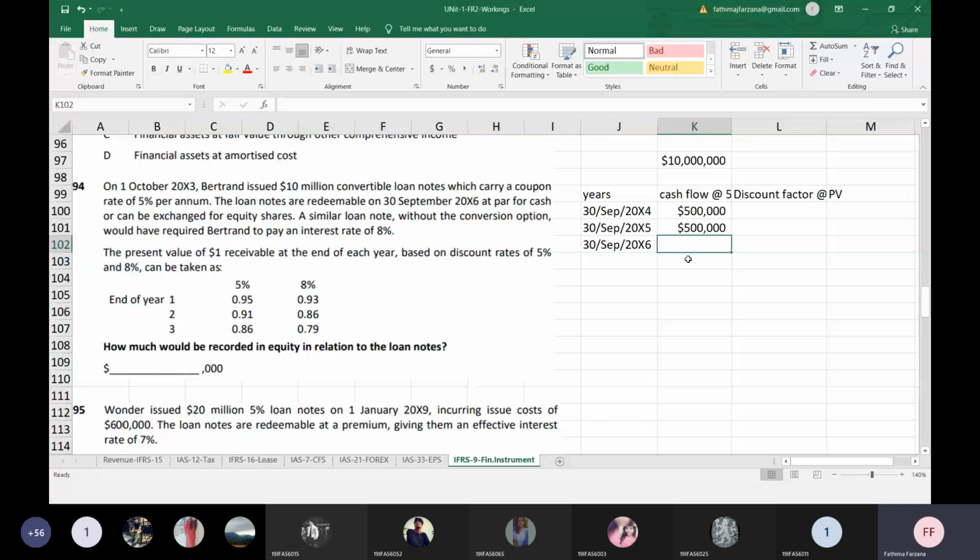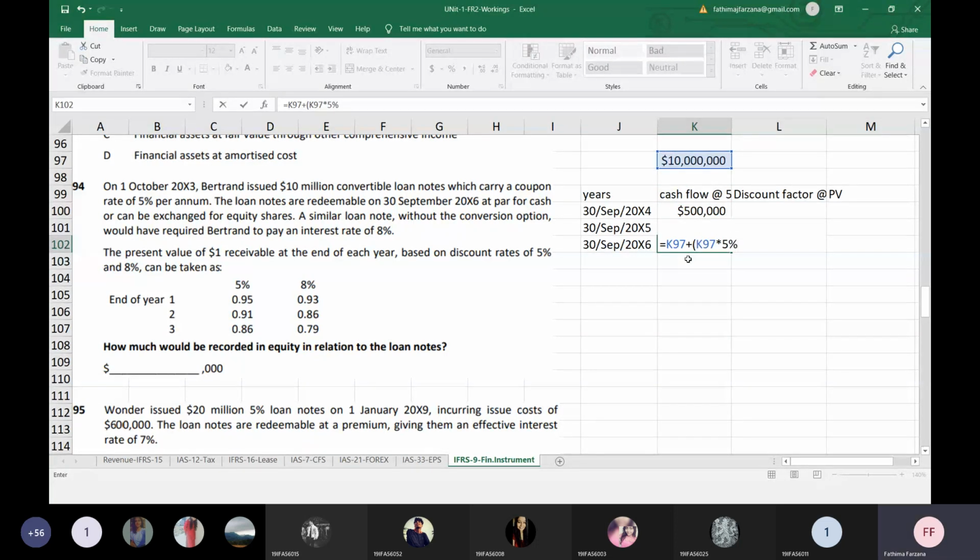So how much do I have to pay now? Interest plus the principal amount. This amount plus this into 5%. So $10,500,000 I'll be paying. This is the amount I'm expected to pay at the end of the year of redemption.